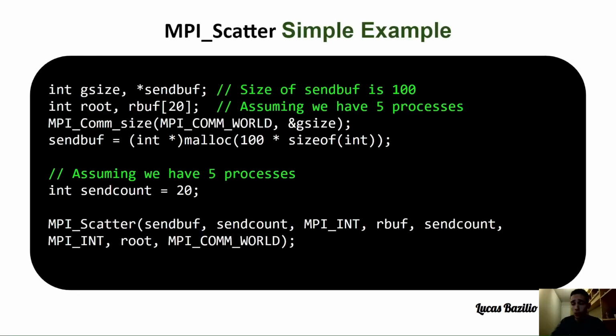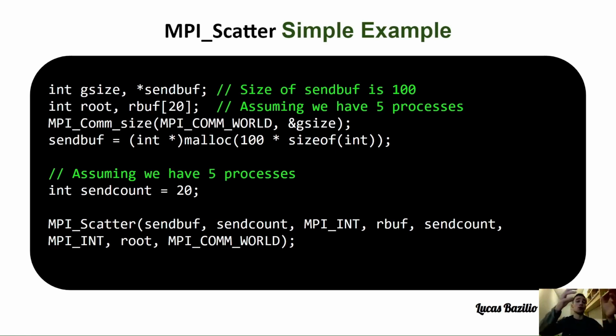Here we have a very simple example of the function MPI scatter, in which we use this function to distribute the array send buffer across all of the processes. Notice how the size of this send buffer is 100. We have 100 elements, and we are assuming in this example that we have 5 processes, and hence each of these 5 processes is going to receive 20 elements of my 100 elements.